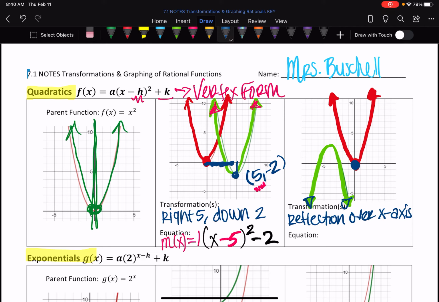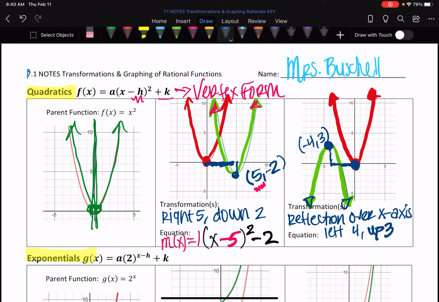To go from 0, 0 to my new vertex, I'm going to the left 1, 2, 3, 4, so left 4, and then up 1, 2, 3. So my vertex is -4 and +3.